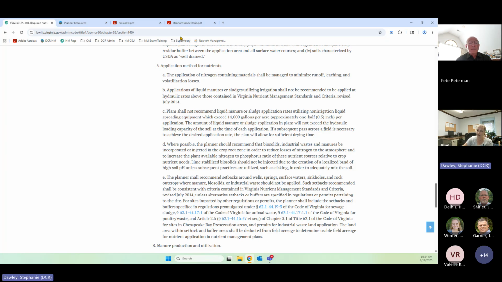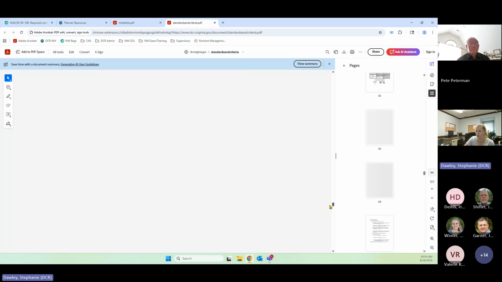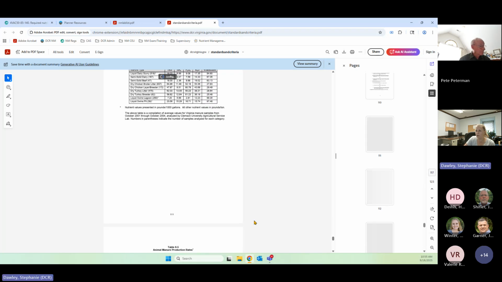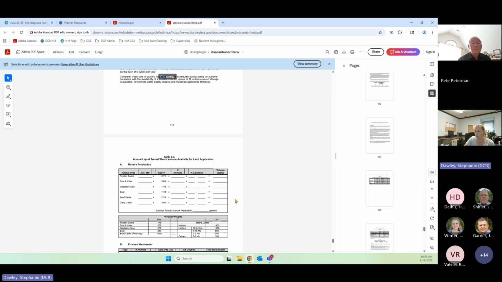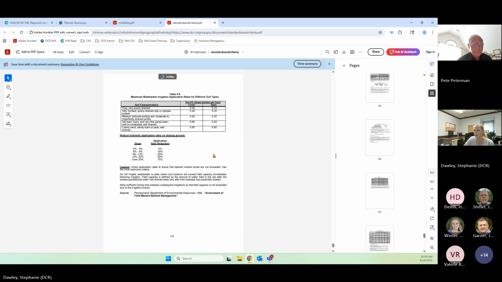So if you do have irrigation happening, all the way back here in the manure section, we do list our hydrologic max wastewater irrigation rates, page 116. And that's basically not overwatering that field in particular.